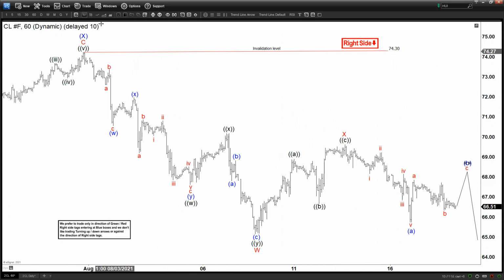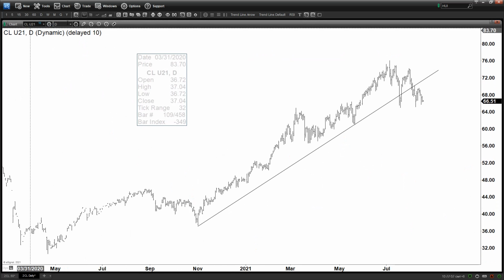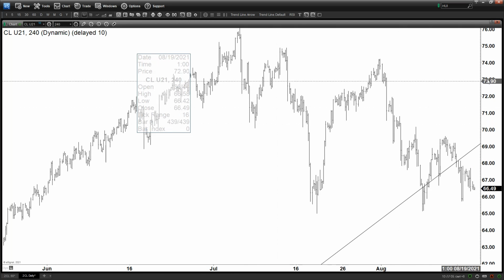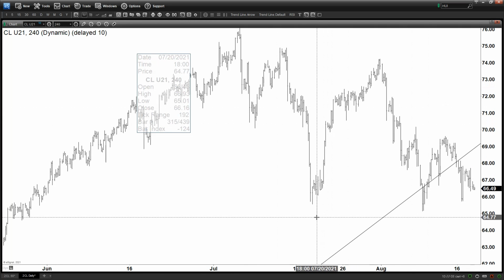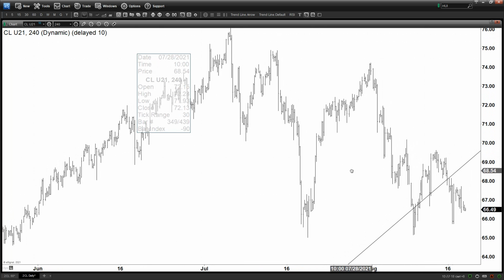If you look at it from the 4-hour, let's downgrade and look at the 4-hour here. This low is 65. We actually never break below this previous low, according to this 4-hour chart.